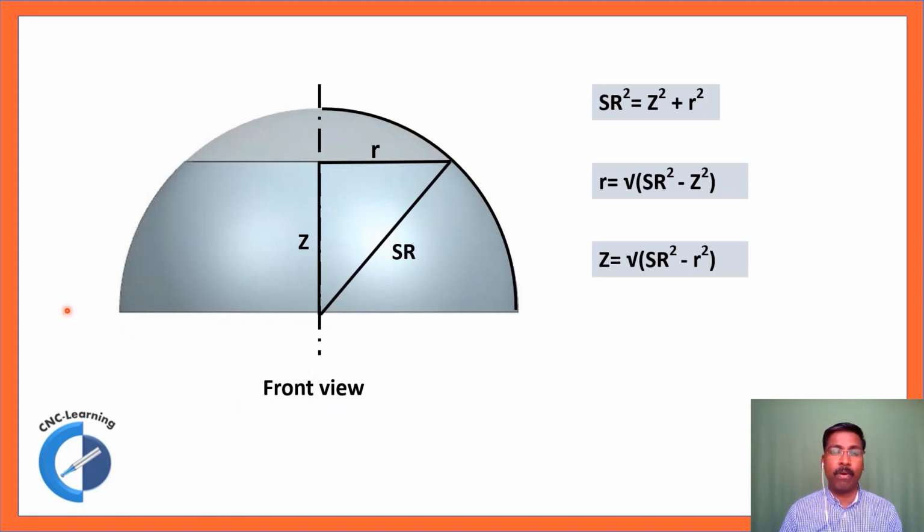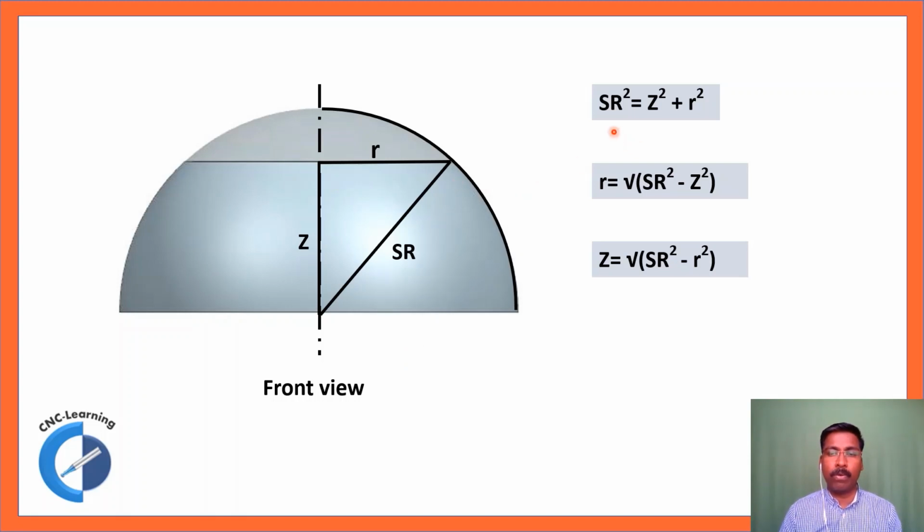Now applying this to a sphere, the same thing. This is the front view of a sphere, and this is the z, and this is the sphere radius, and this is the active radius of machining, because if you slice this you will have a different radius.